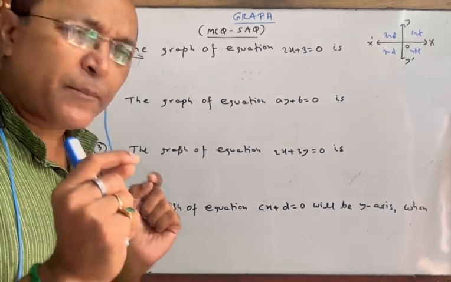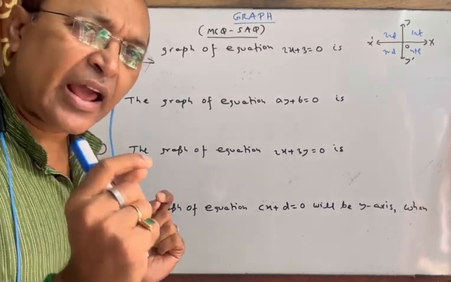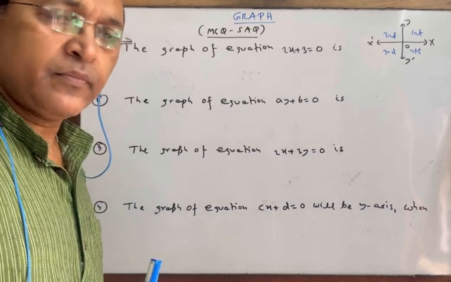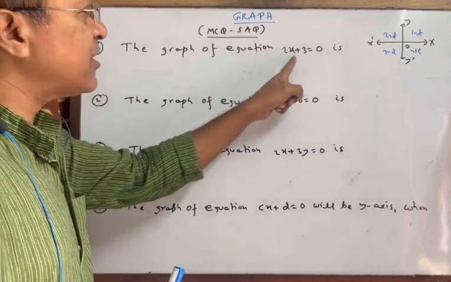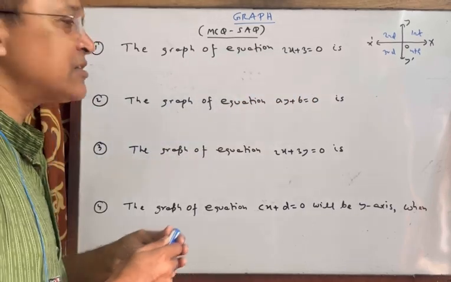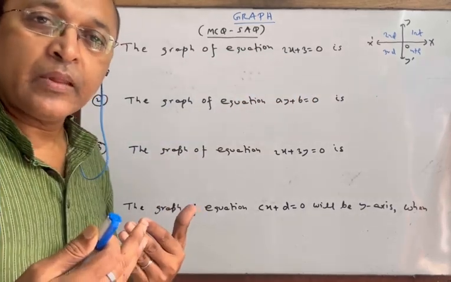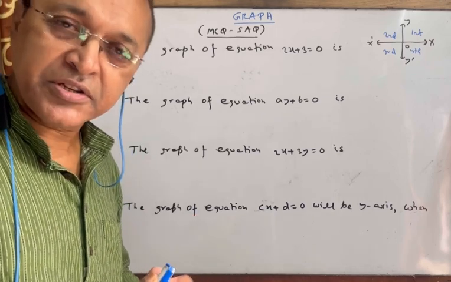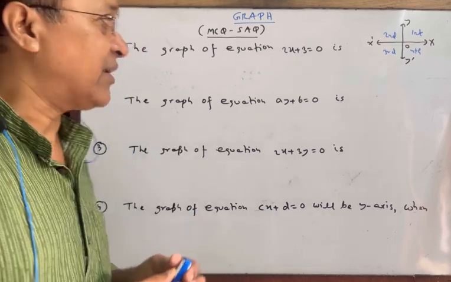So you have to do some mental calculation. Okay, 2x plus 3 is equal to 0, only x is here, so the answer will be parallel to the y-axis, isn't it? Parallel to the y-axis.